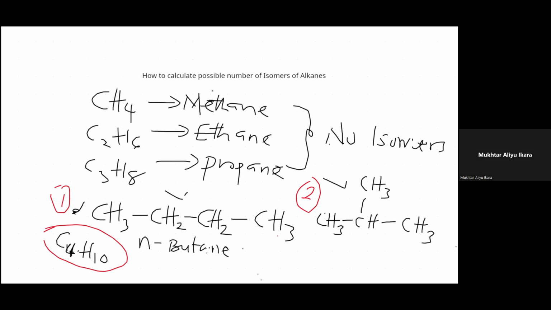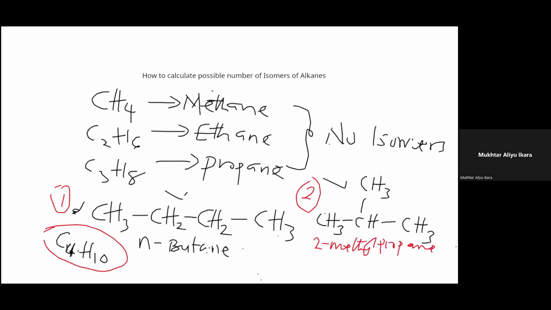Even in terms of name they differ. The second one is 2-methylpropane, because at carbon 2 there is a methyl.